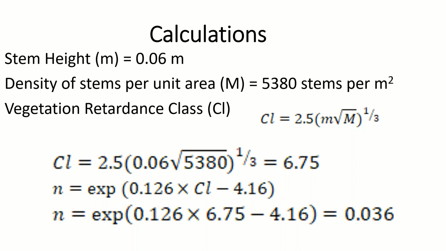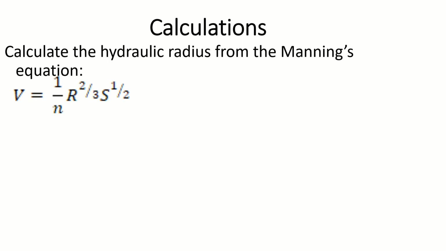N is equal to 0.036 upon substituting the value of retardance class 6.75 into this equation of N. So once N is obtained, we can now calculate the hydraulic radius. Now Manning's equation is V equal to 1 by N R raised to 2 by 3 multiplied by S raised to 1 by 2. Therefore R raised to 2 by 3 will be equal to Vn divided by S raised to 1 by 2.